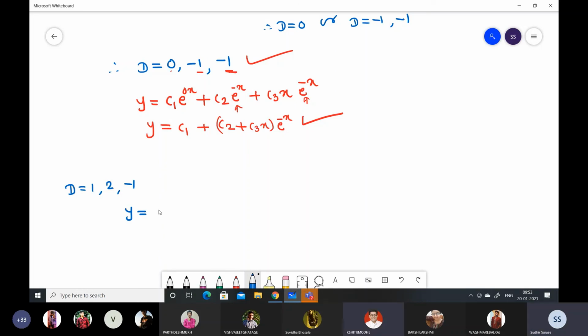Y is equal to C1 e to the power 1x plus C2 e to the power 2x plus C3 e to the power minus x. Yes, very good, this is the correct solution, since the roots are real and distinct. Now let me change a little bit here.